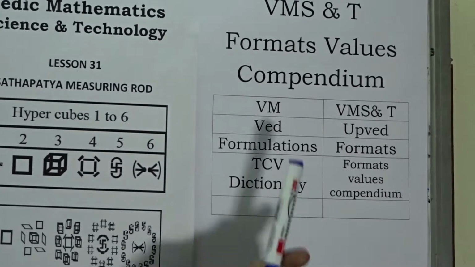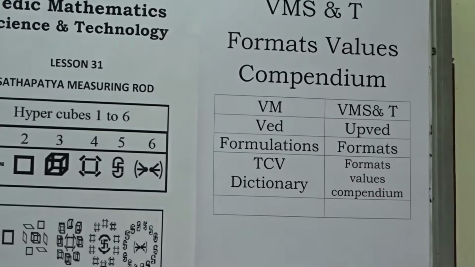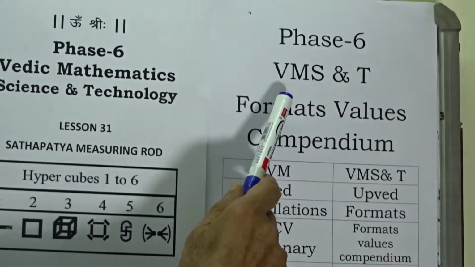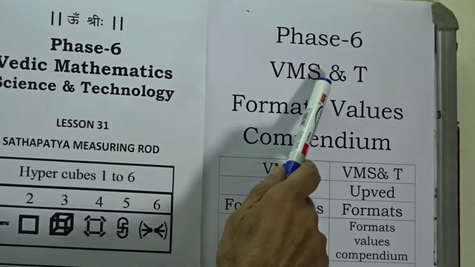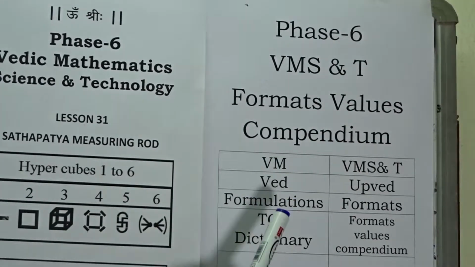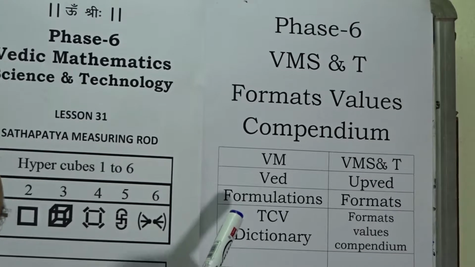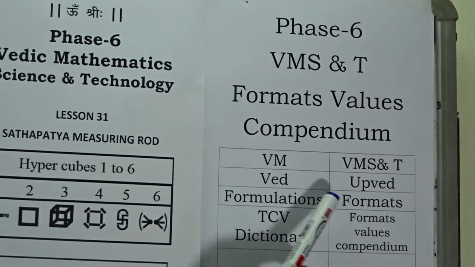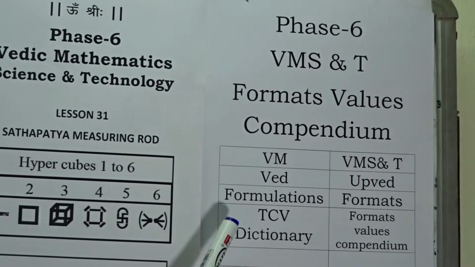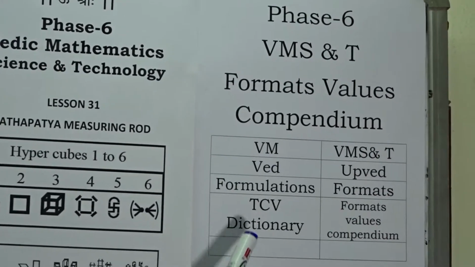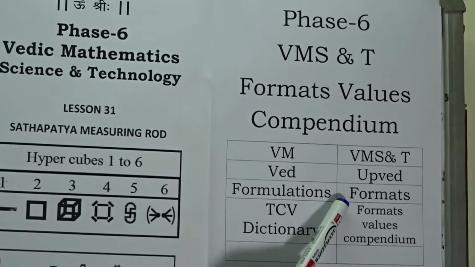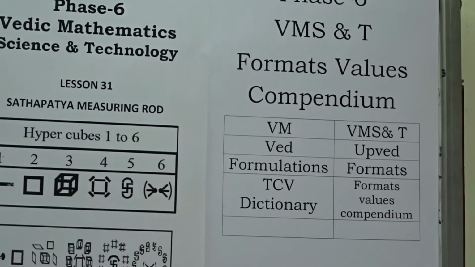Now from phase 6 we are shifting the focus from Vedic mathematics to Vedic mathematics, science and technology. The focus is going to shift from Ved to Upaved, and then from formulations to formats, and a step ahead from TCV dictionary to formats, values, compendium.